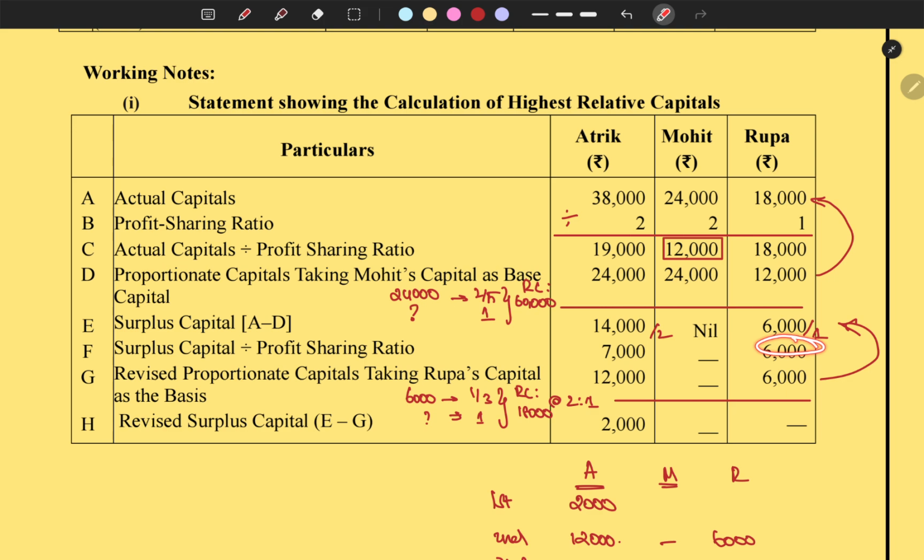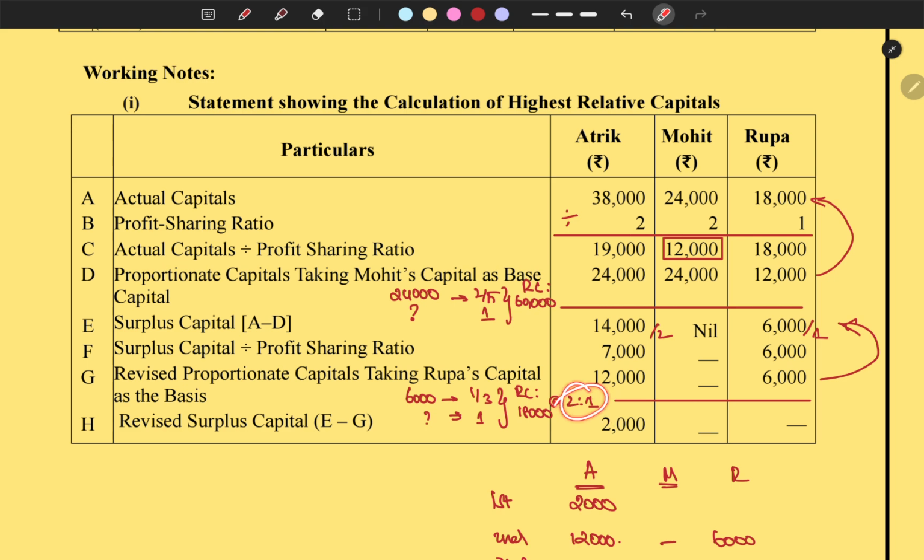When we compare Atric and Rupa, Rupa is the one who paid least, so Rupa has the lowest capital. Make Rupa's capital the base and find the required capital. Required capital is 18,000. Split this 18,000 in a 2:1 ratio, because Atric's profit sharing ratio is 2 by 5 and Rupa's is 1 by 5.